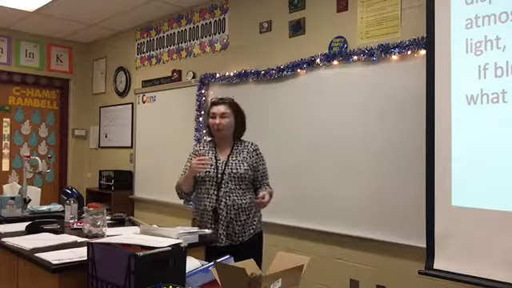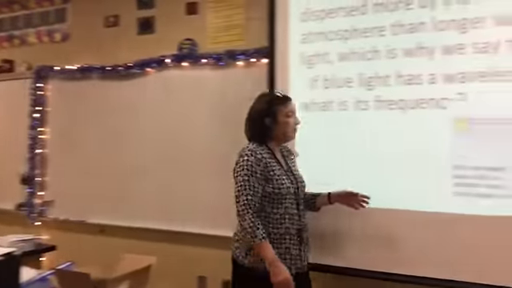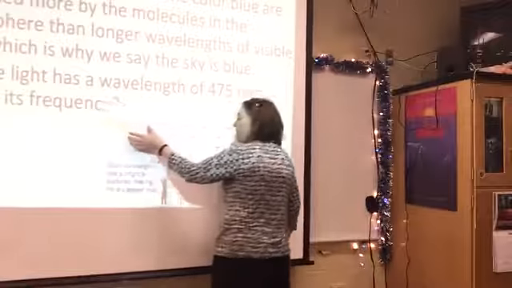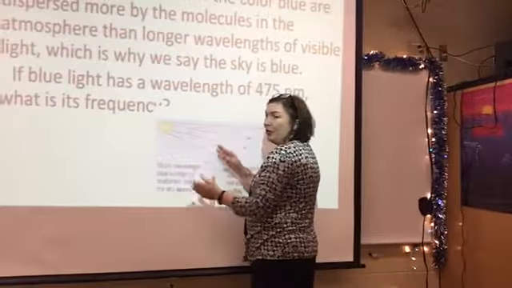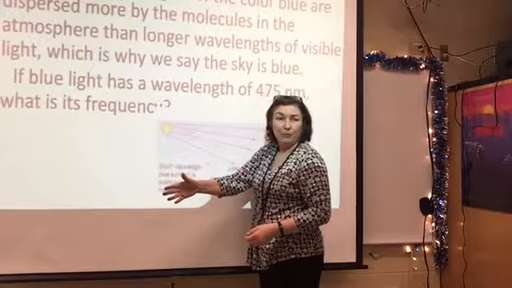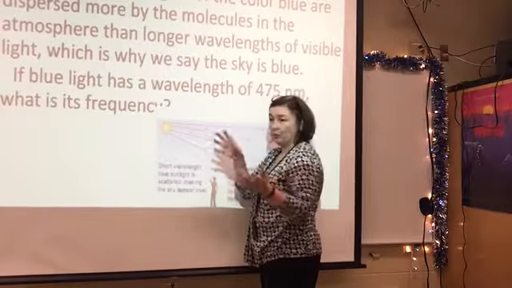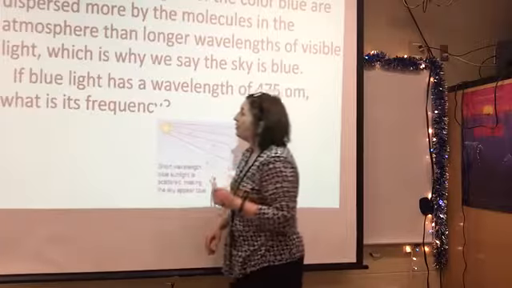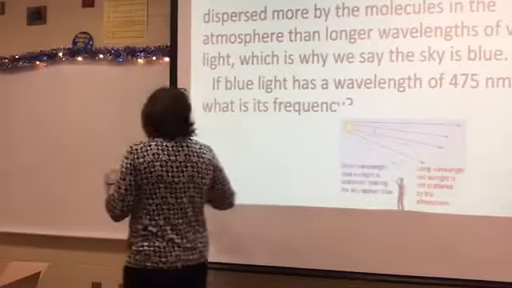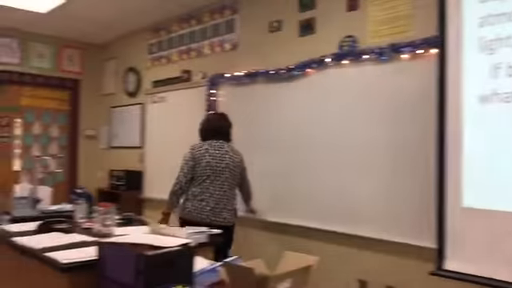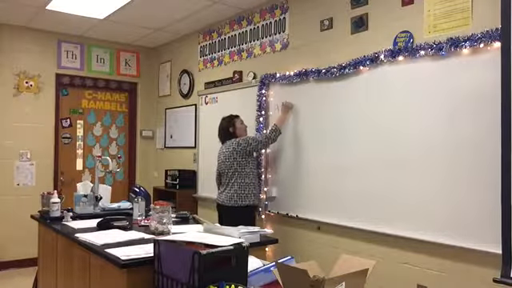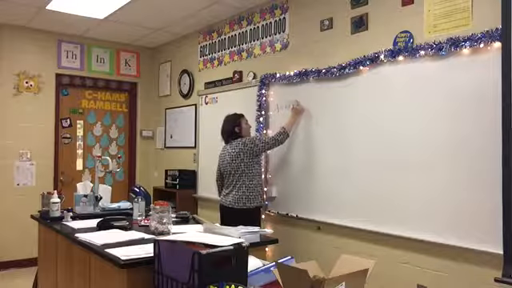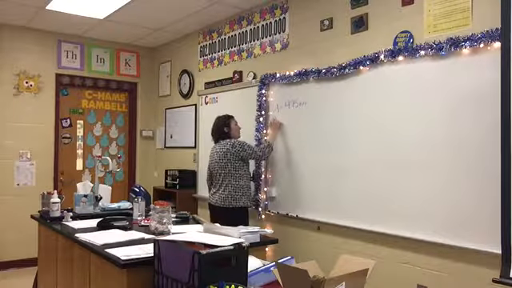As light comes through the atmosphere, the blue gets dispersed and the red continues straight through. And that's why we see blue skies. Okay? So, if blue light has a wavelength of 475 nanometers, what is my frequency?